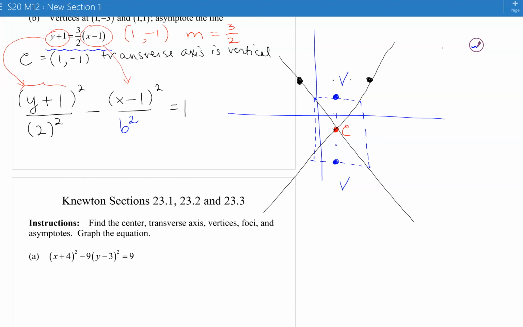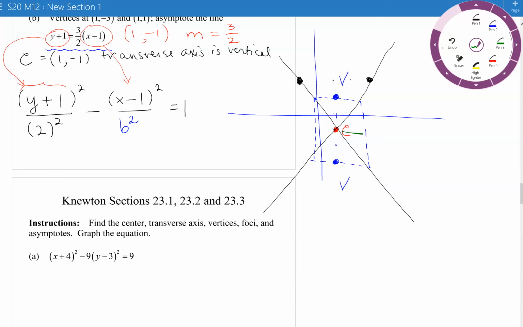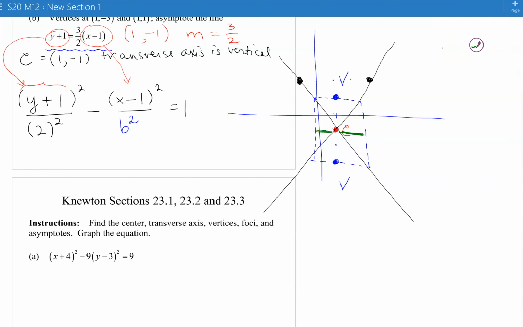So we can see how far up and down we needed to go to get the vertices. But now we need to figure out this distance right and left from the center. So we need to figure out what this point is on the line. And I can see that the y coordinate is going to be 1. So I want to know, when y equals 1, what is x?